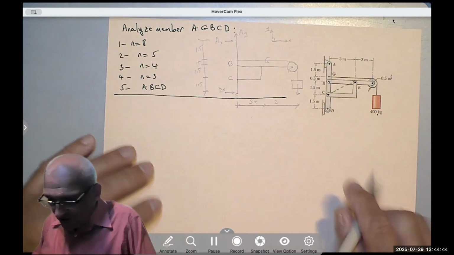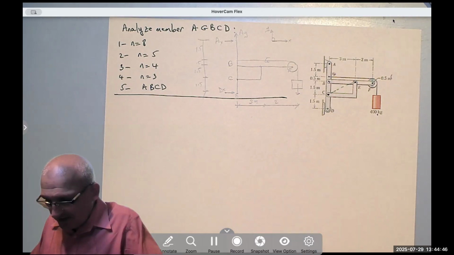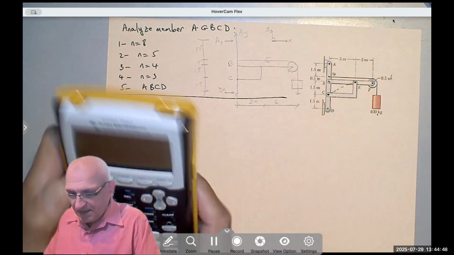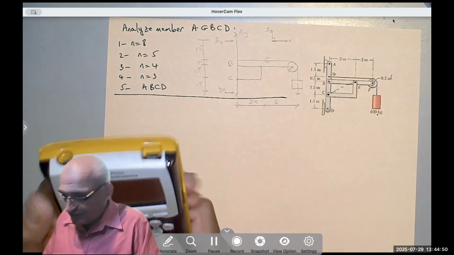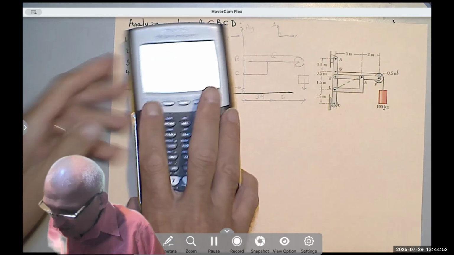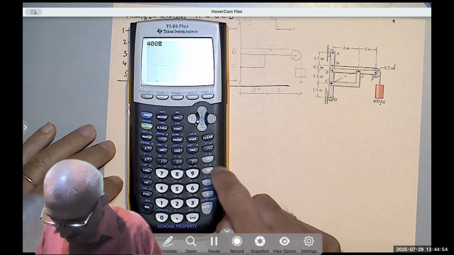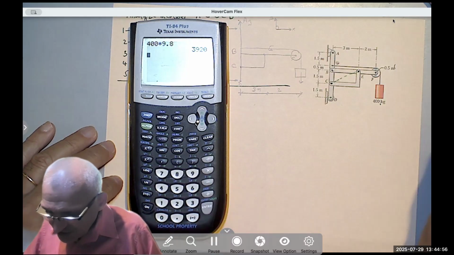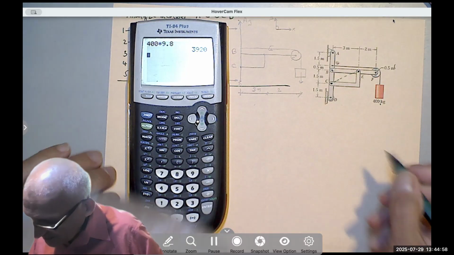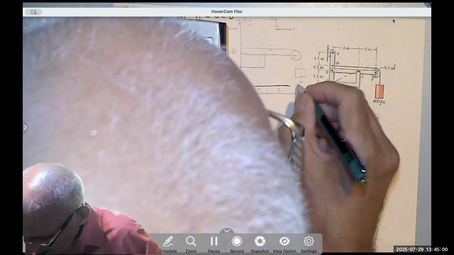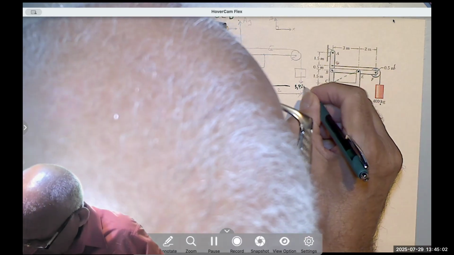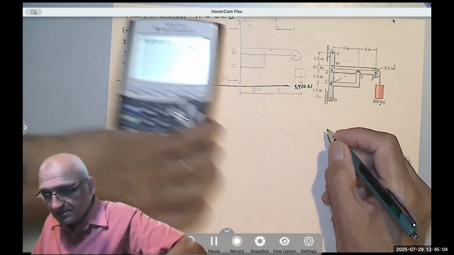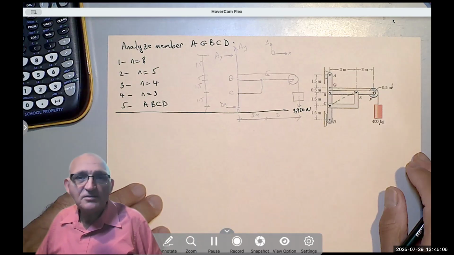Okay, so from here, first of all, I find the weight. Let's find the weight first. We are going to use 400 kilograms and multiply it by 9.8. So this is 3920 Newton. Okay, just multiply by 9.8.